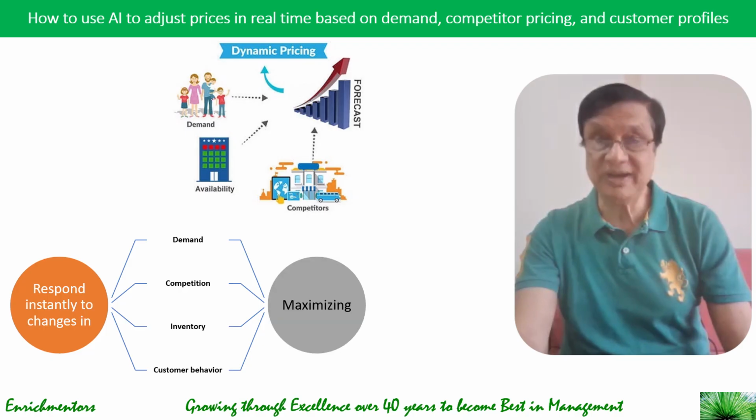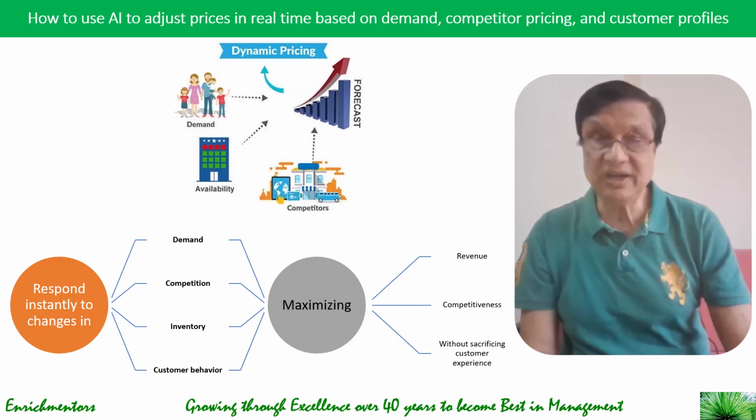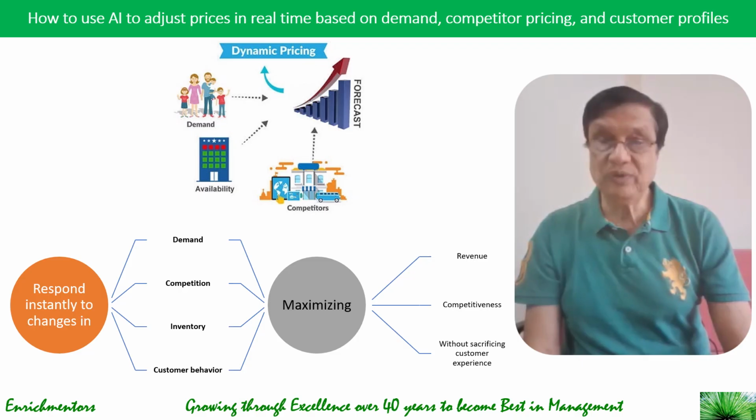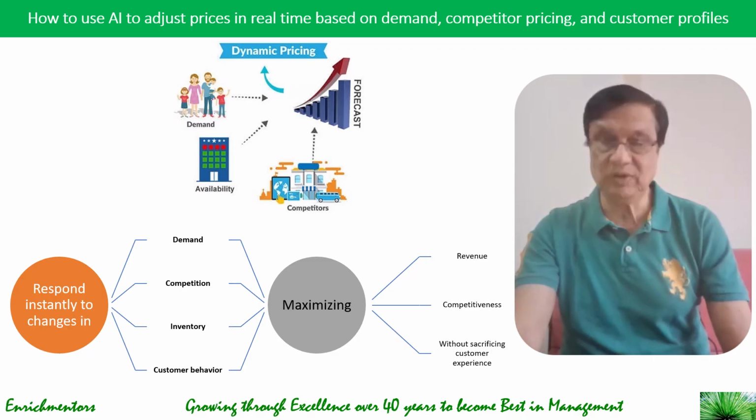That maximizes revenue and competitiveness without sacrificing customer experience. Now, what are the various steps that you can take to use AI for real-time price optimization? Let us take a look as we go forward in this lecture.